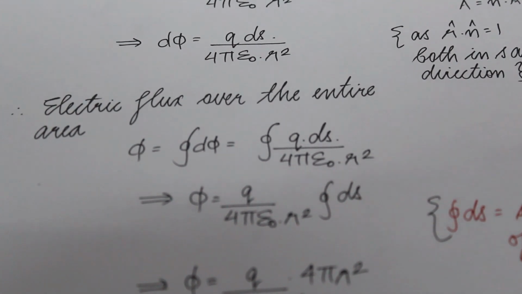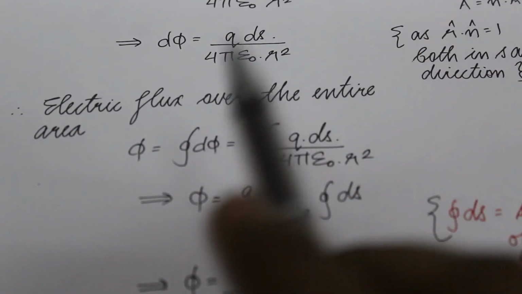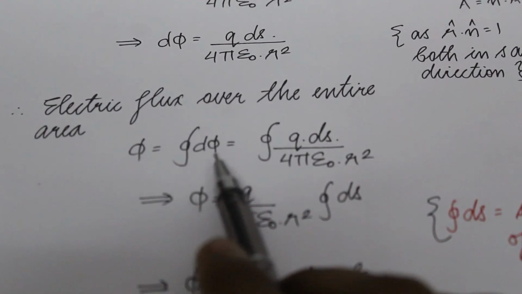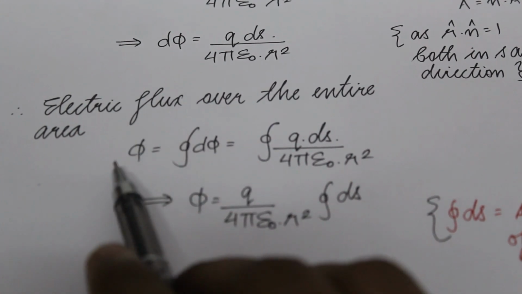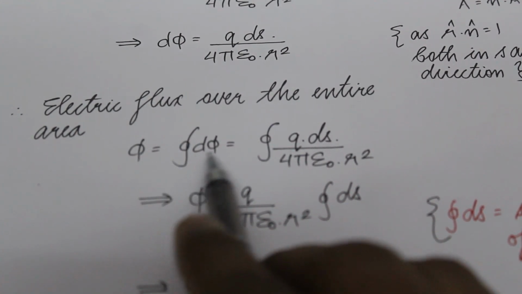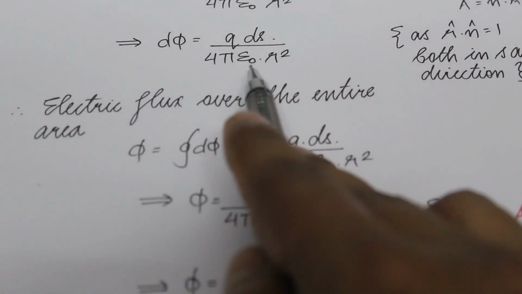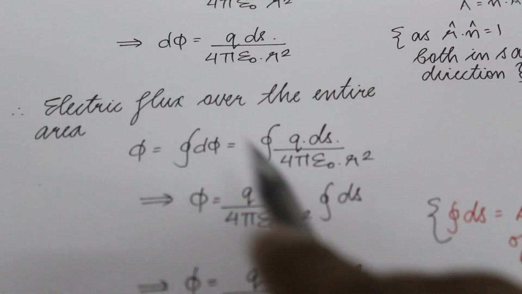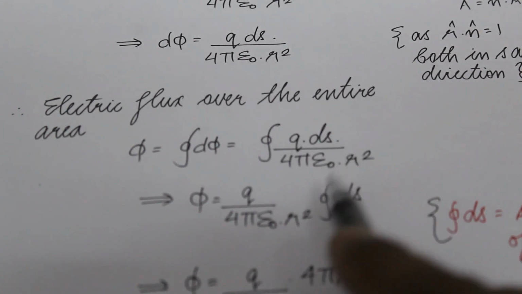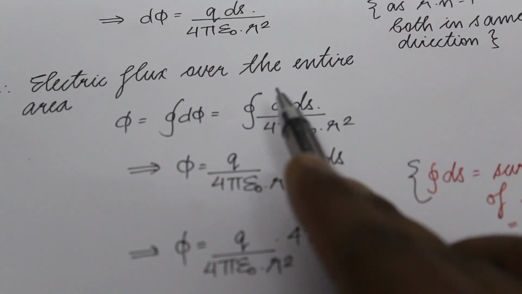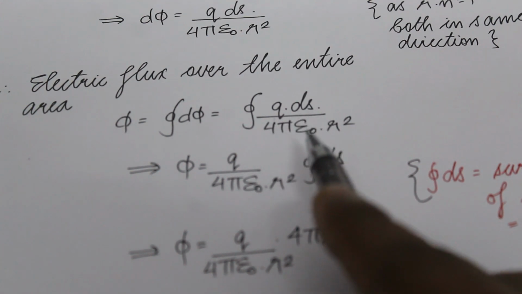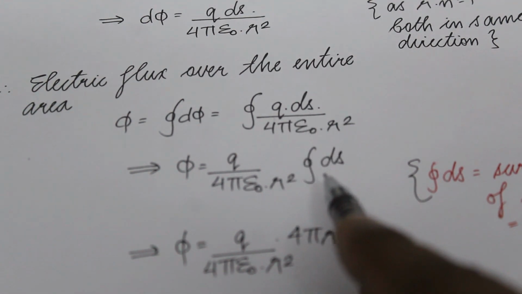What if we need to find out the flux over the complete sphere? Then we have to integrate d phi. This I have already explained. So phi will be equal to integration of d phi, and d phi is equal to q ds upon 4 pi epsilon naught r square. So I put this over here. On integration, as q, 4 pi epsilon naught and r square are constant, we'll only integrate ds.